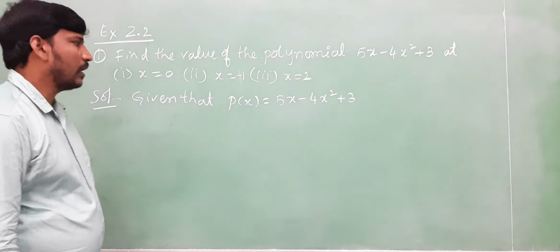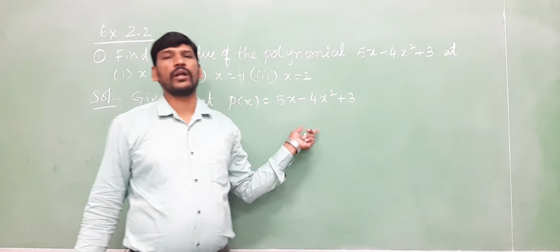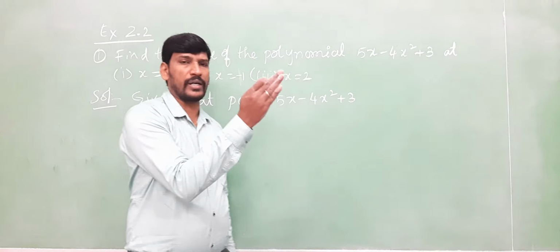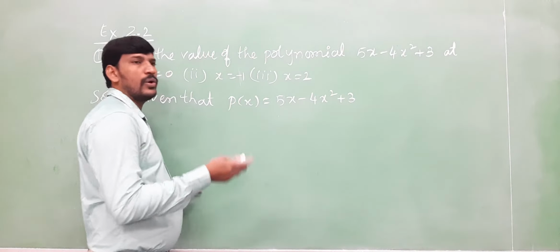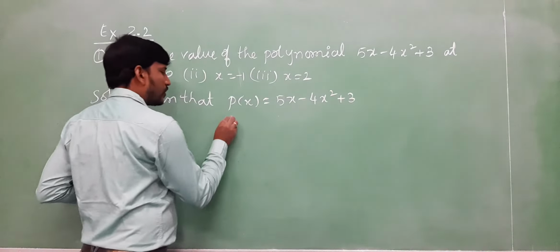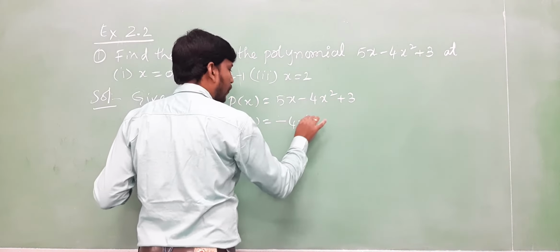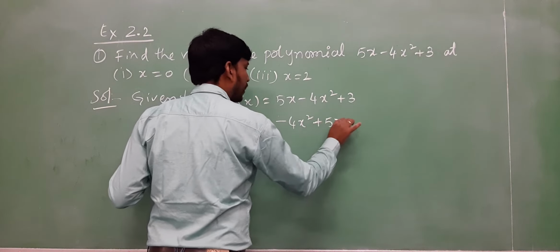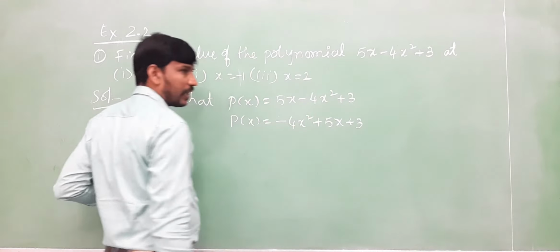Whatever the given polynomial, write it in order first of all. That is first the x square term, then the x term, then the constant. It is easy to solve. Now, which implies p of x is equal to minus 4x square plus 5x plus 3. 5 has a plus sign here. Plus 5x.